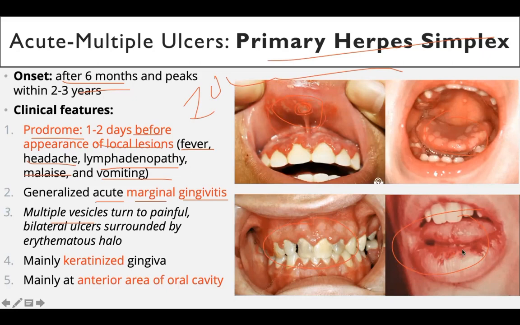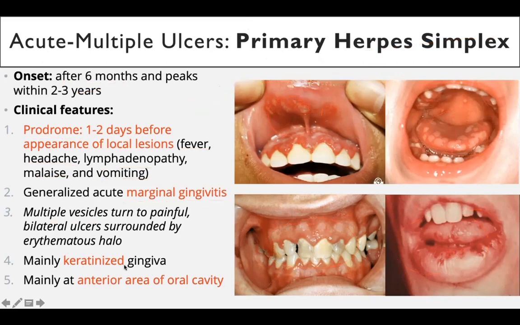And you can see the epithelium is ruptured, keratinized, and then ulcers are deep here. And these are mainly in keratinized gingiva and mainly at the anterior area of oral cavity. So this is the anterior area of oral cavity, with marginal gingivitis, involving the margin of the gingiva, and then prodrome is 1 to 2 days before.